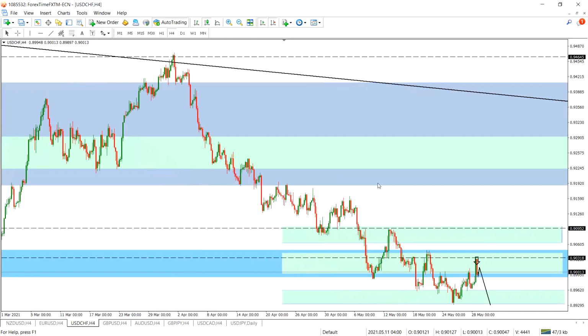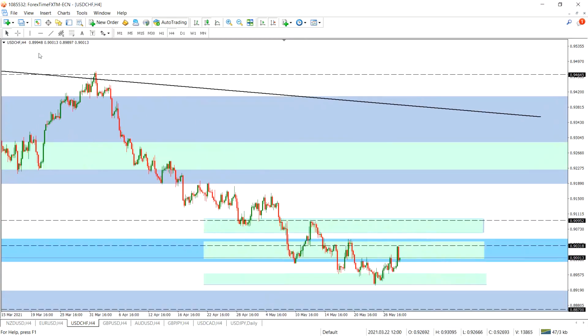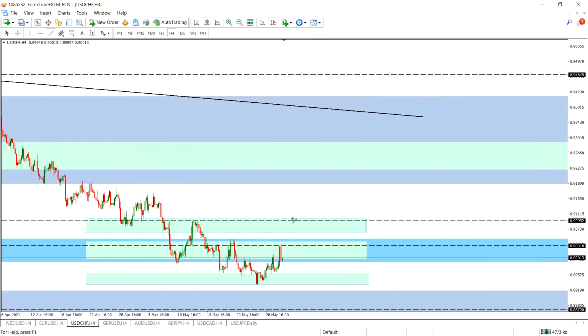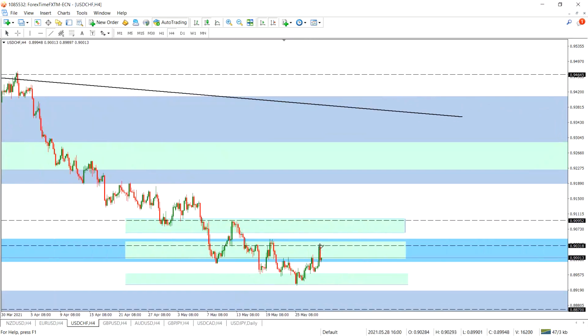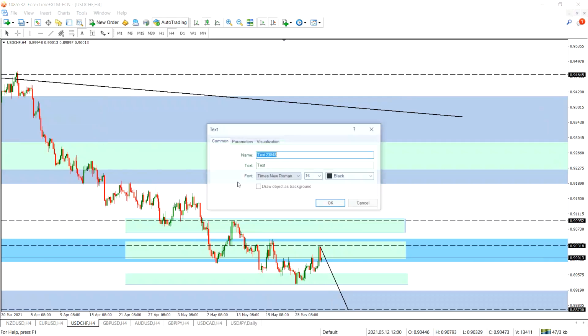So what is our setup for this pair? Our setup for this pair is going to be simple, right? We're expecting price to actually make a push to this level to complete the CD level of the AB level we just started. So this is the A to B, B to C retracement, and C to D level right here. So that being said, let's indicate that so that we can actually understand what we're doing.